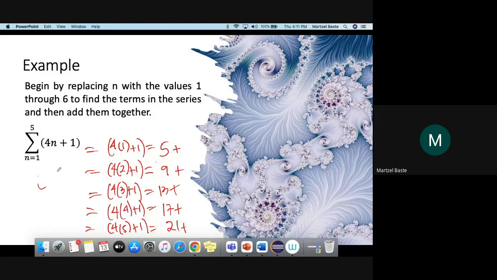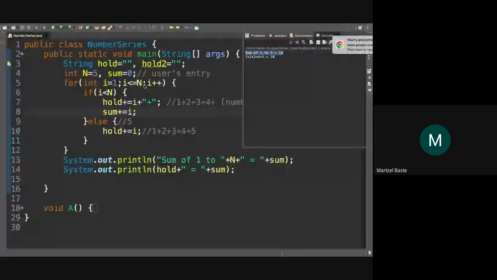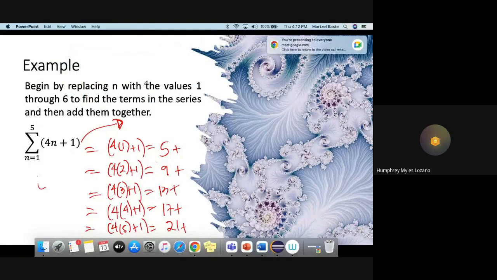Faster. What is the result? Guys, what is the result? You're all tired. 1,005? That's wrong. 4 times 1, 4. Plus 1, 5.